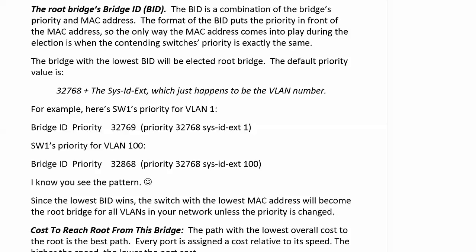But you can see here a bridge ID priority 32769. Whenever you see bridge ID, it's referring to the local device. And right next to it, it says priority 32768, sys ID extension 1. The same switch's priority for VLAN 100 is 32868, and where do they get that? The default priority of 32768 plus the sysidx 100.